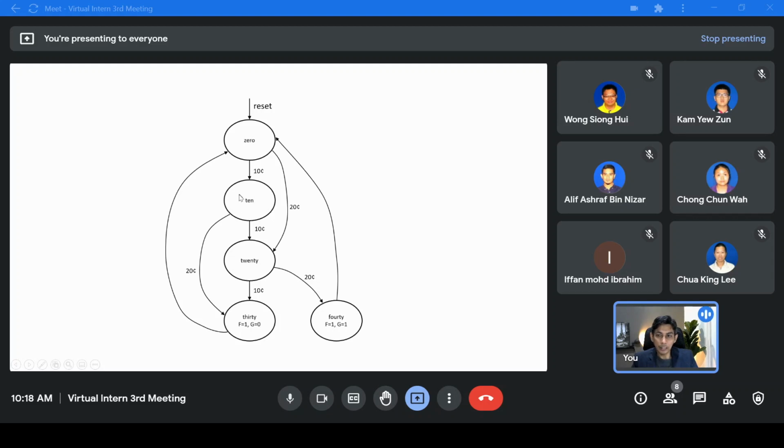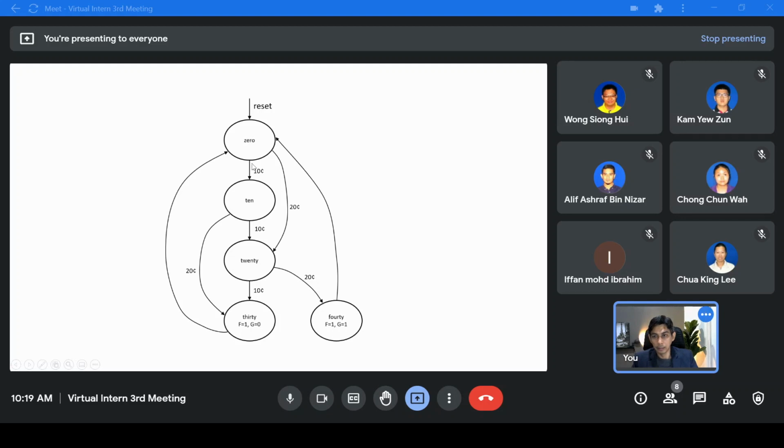And in this state, when we insert another 10 cents, it will go to state 20, and we insert 10 cents, it will go to state 30, dispense, and it will automatically go back to state 0 to wait for another input.